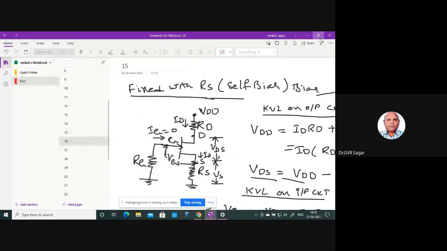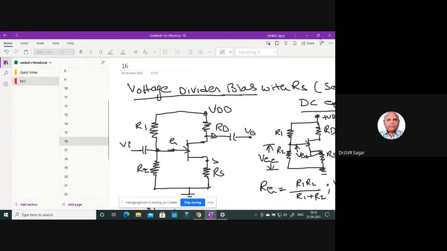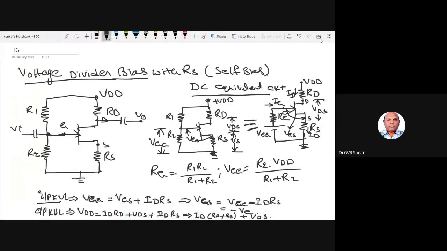And coming to the third one, voltage divider bias. Here the source resistance is also there, so it is called self bias, or voltage divider bias. In that one, the resistances are in parallel. So the drop across R2 acts as the input voltage, the gate voltage to this gate junction. That we have shown here, right?